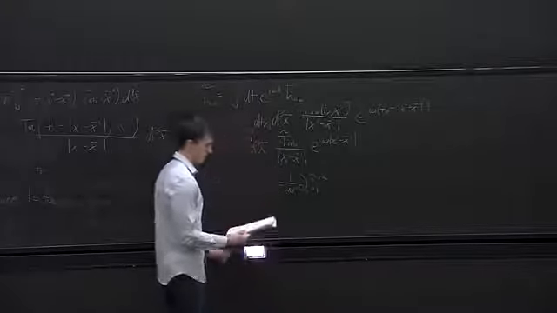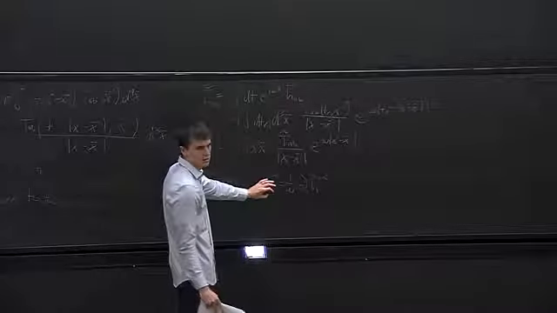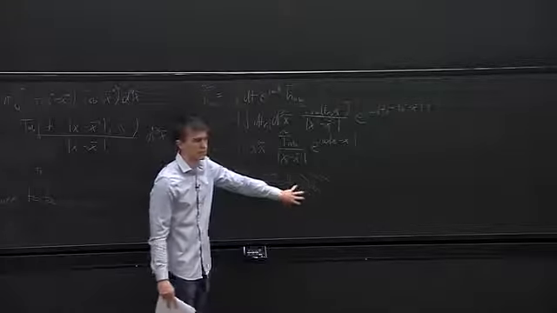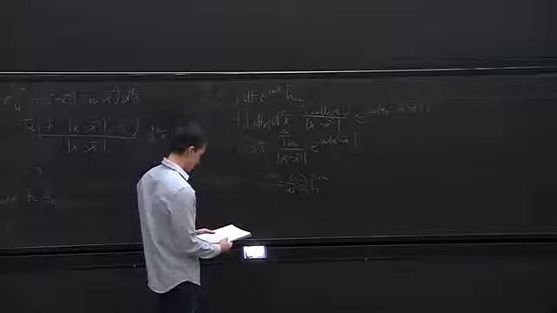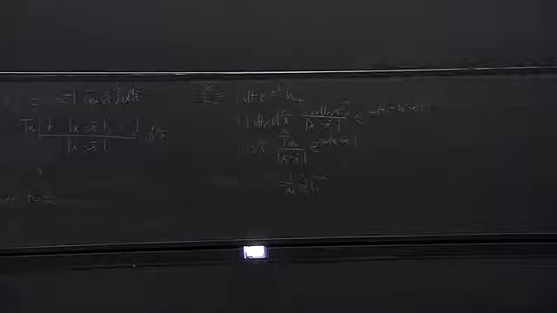So we don't have to worry about computing the time components of h tilde. We just compute the spatial components, and then we can recover the rest from this relation. Okay, any questions about that so far?